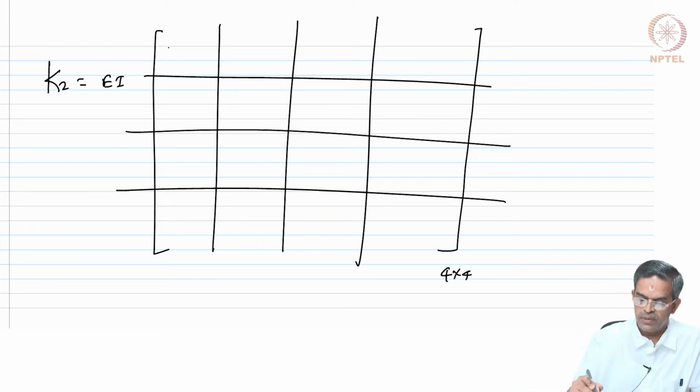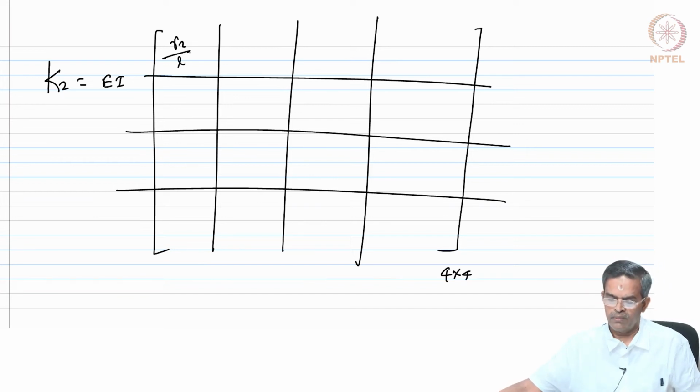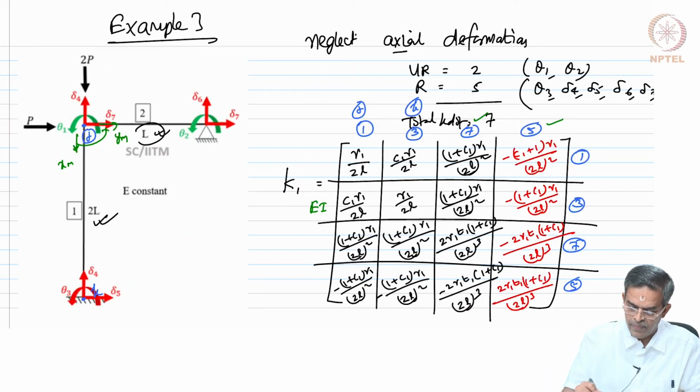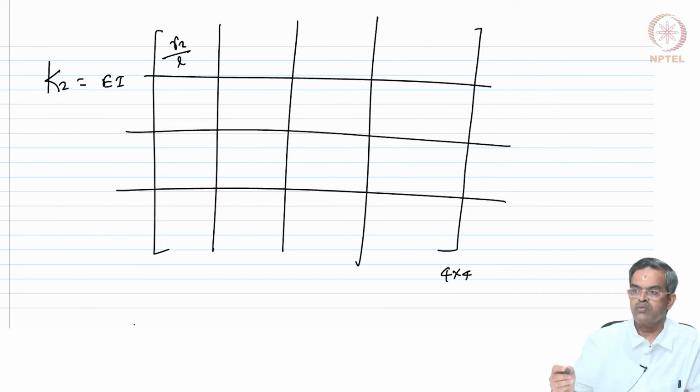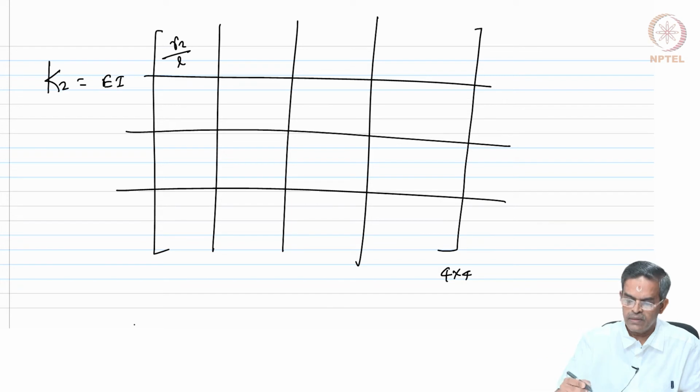So, this is going to be R2 by L, because you see the length of member 2 is only L. The length of member 2 is only L. So, R2 by L, then C2 R2 by L, 1 plus C2 of R2 by L square.